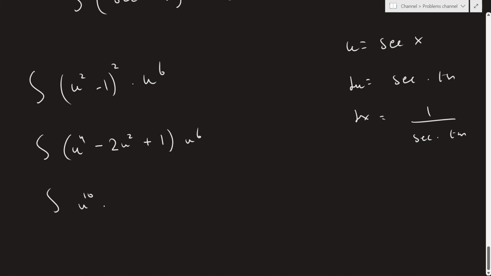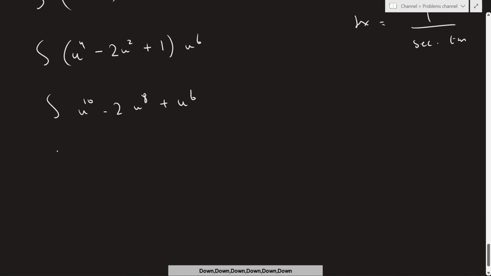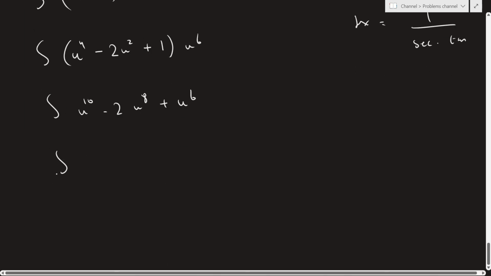So u power 10 minus 2 u power 8, then plus u power 6. Okay, now all left is integration. So u power 10 is going to be u power 11 over 11 minus 2u power 9 over 9 plus u power 7 over 7.